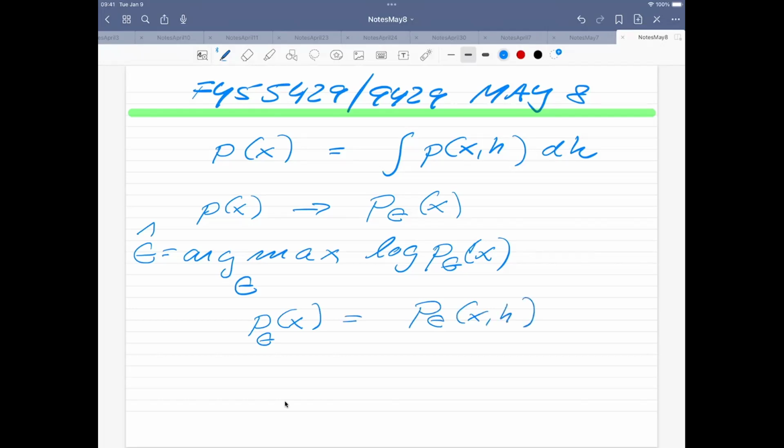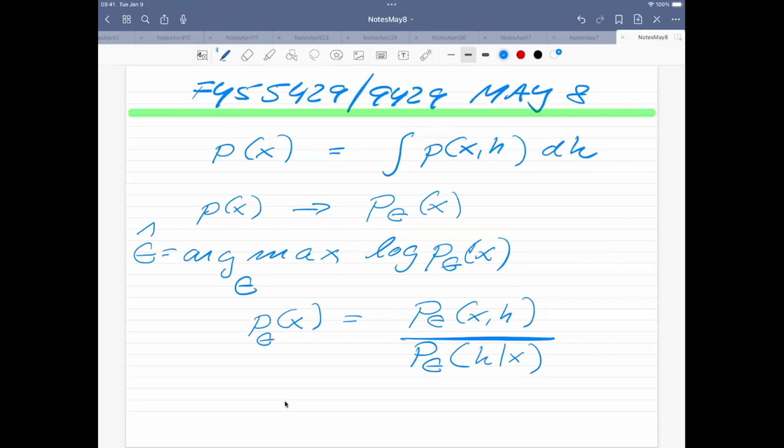So that's the probability of finding X and H, divided by what we normally call the conditional probability. So this is the probability of finding H given X. This is called the product rule in statistics, and it lays the foundation for the derivation of Bayes' theorem, which we discussed before the Easter break.